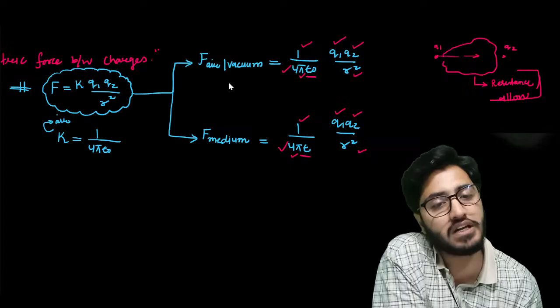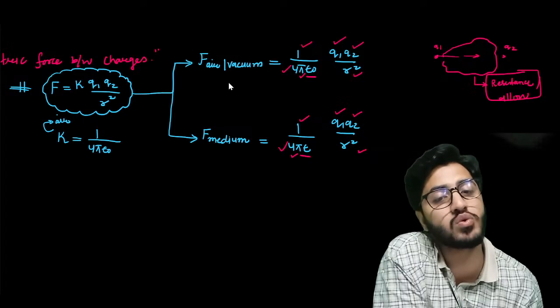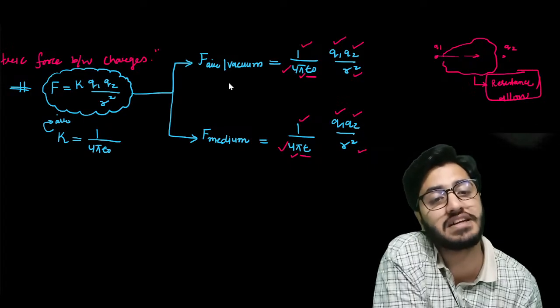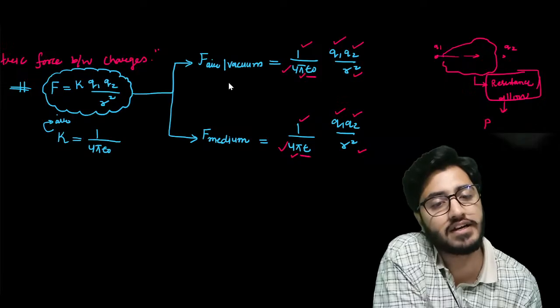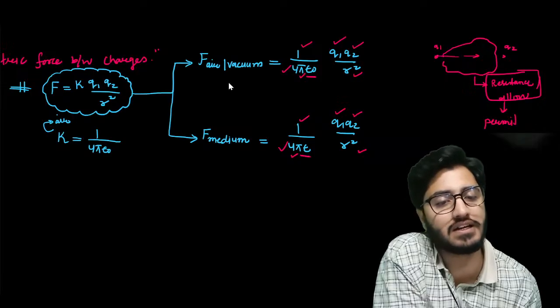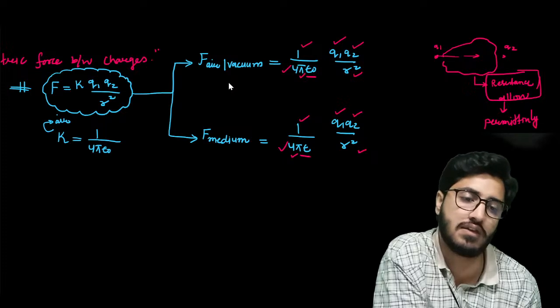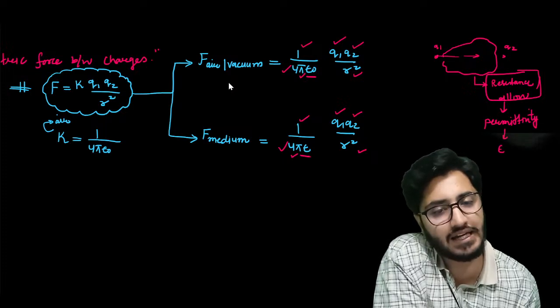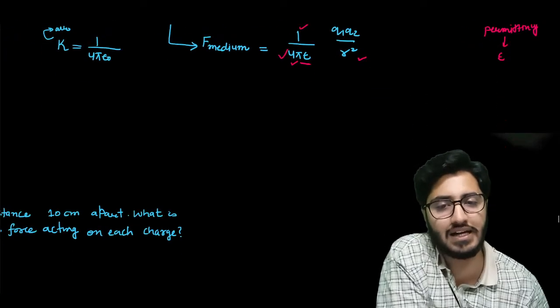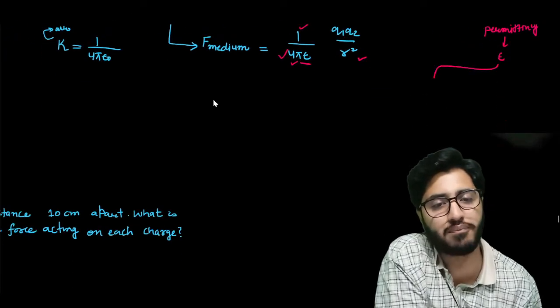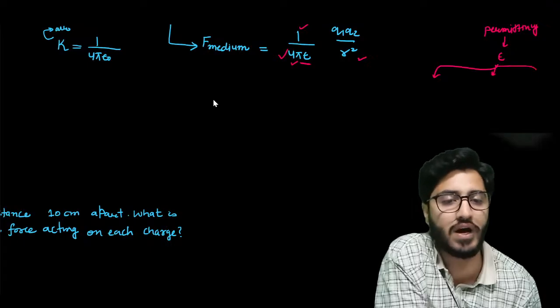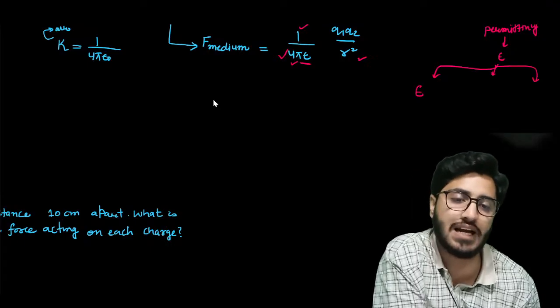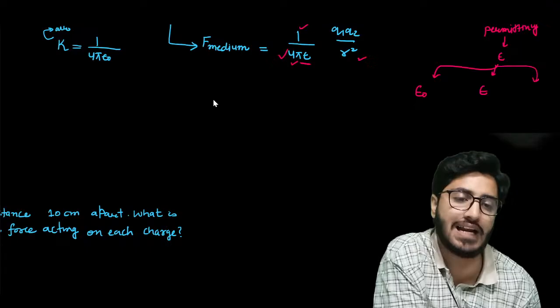This property of your medium is known as permittivity. Permittivity is epsilon. So we have three types of permittivity.